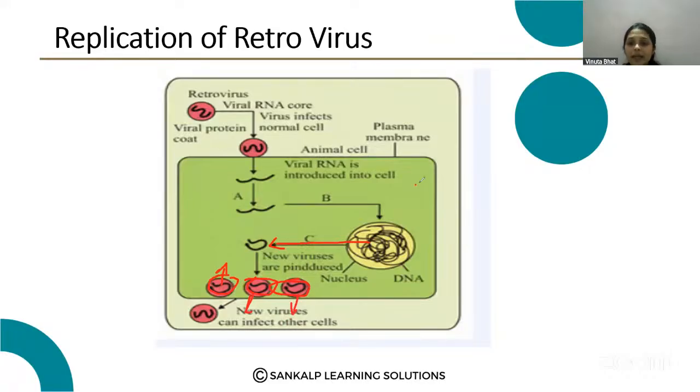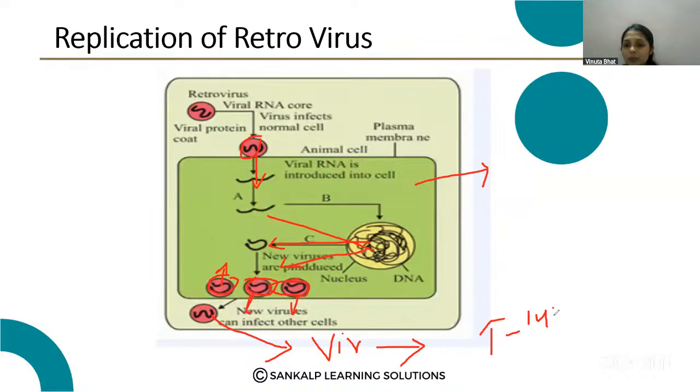Like this, the macrophage cell acts as a factory of the HIV virus. Even if only one virus enters, it multiplies and increases its number inside the macrophage cell. These viral particles then enter into the T lymphocytes.